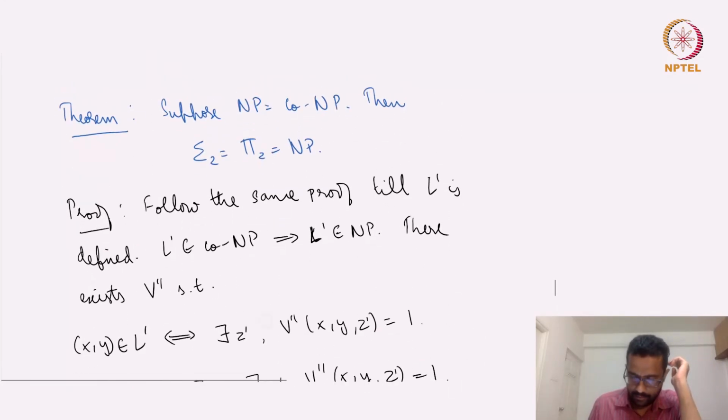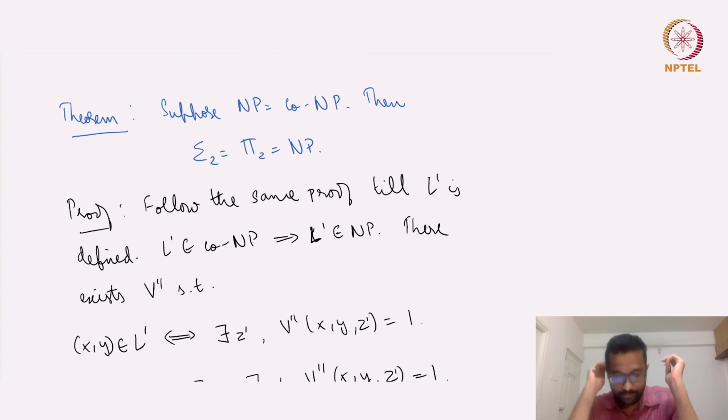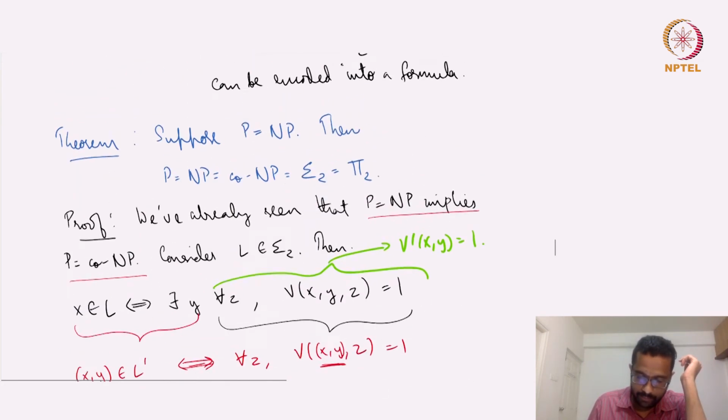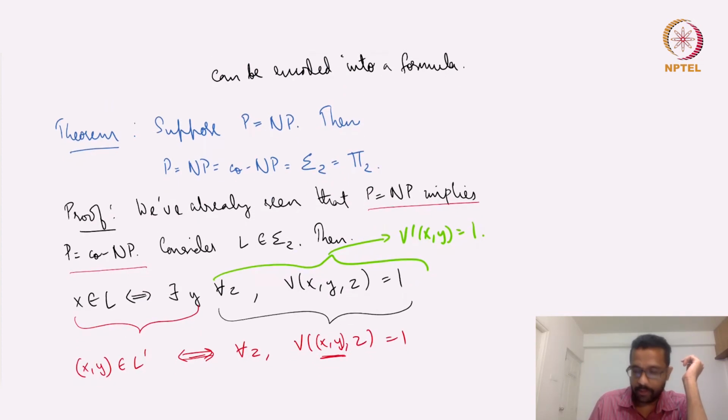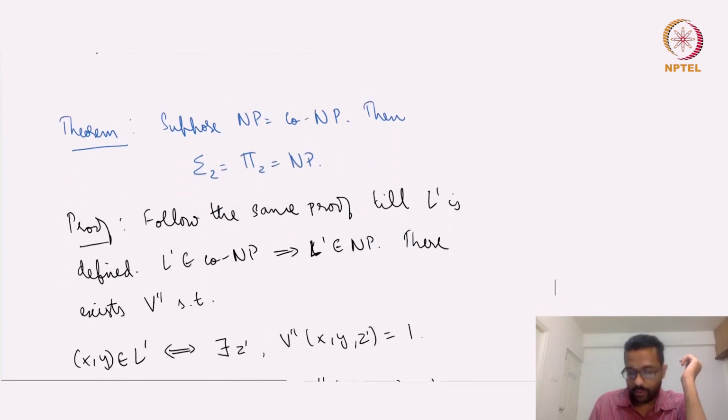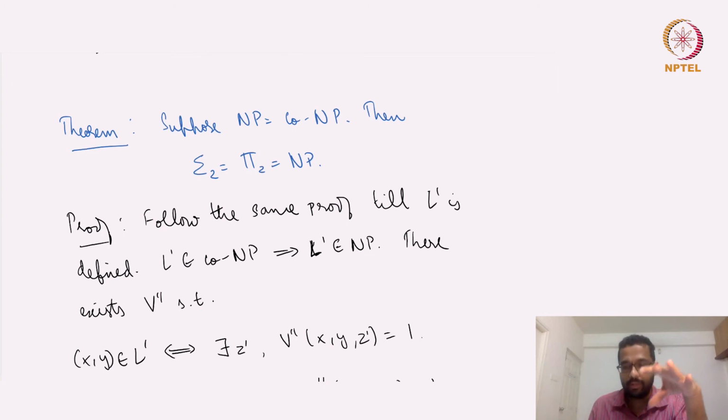And there is another result which is very similar, which I will not go through in detail, but I'll just tell the statement. Here we said that if P equal to NP, then everything, sigma 2, pi 2, co-NP, all of them become equal to P. Now let us say NP is equal to co-NP. I don't say anything about P being equal to NP or not.